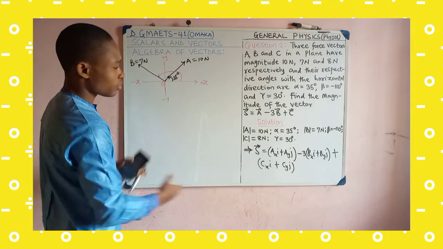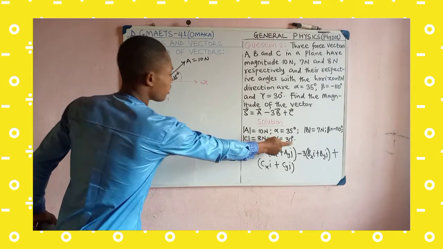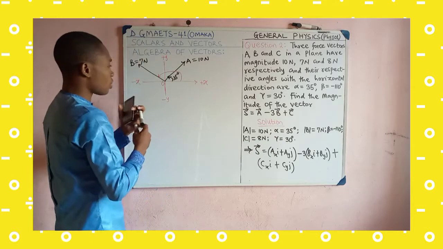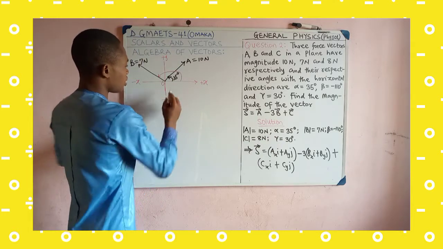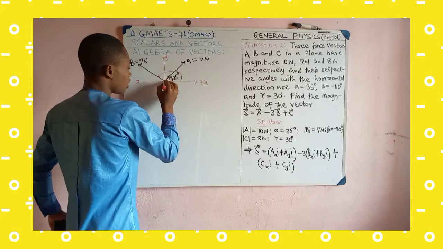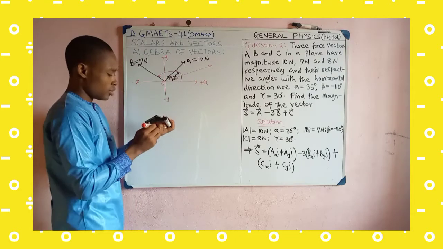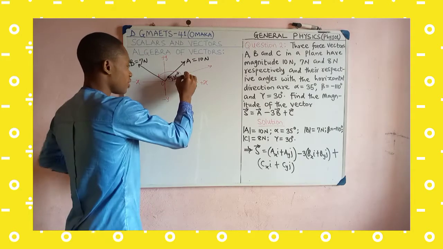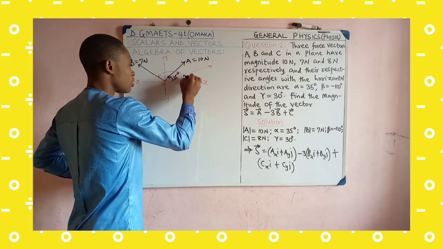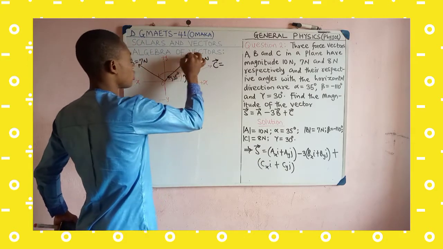Then the last one is what? The last one, how many degrees? C. 30 degrees with the horizontal. Which means I will come over here, and then maybe I'll draw something like this. Let me use red marker to superimpose it in this. 30 degrees will go this way. Is that not so? So, this is going to be 30 degrees. Then this vector C there.